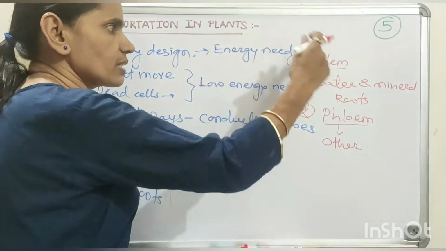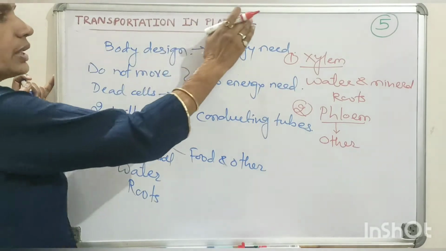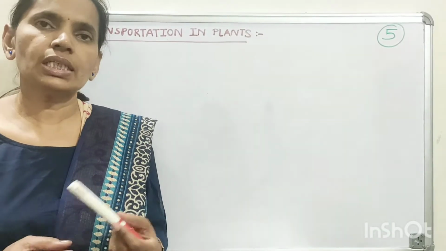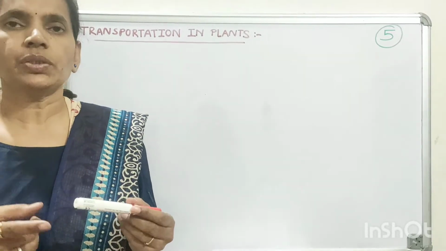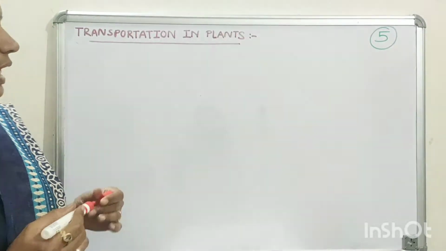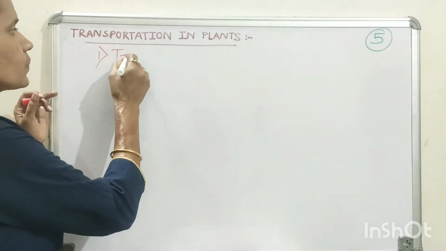So overall, the distance covered is a major problem regarding the transportation in plants. Thus, in case of plants, the transportation is accomplished by two independent pathways. So, we will study the transportation in plants in two parts. First one is the transport of water.